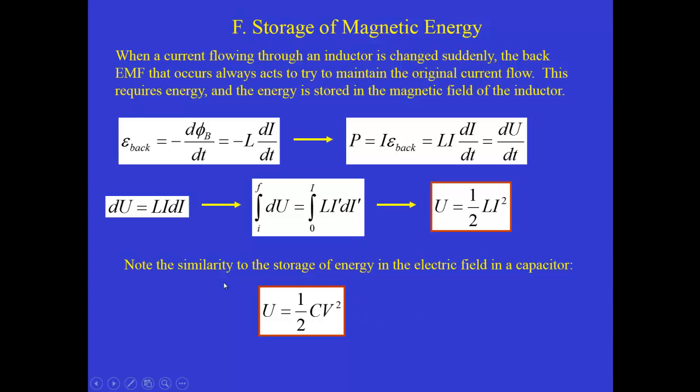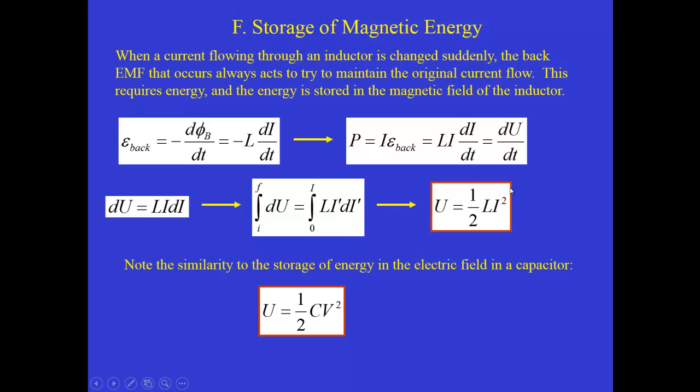And just as we were able to show that the electric field in the capacitor is what stores the energy, it's the fact that there's an electric field inside the capacitor plates, and the energy is stored in the presence of that electric field. The same kind of thing holds true for an inductor. The energy that's stored in an inductor is stored in the magnetic field of the inductor.